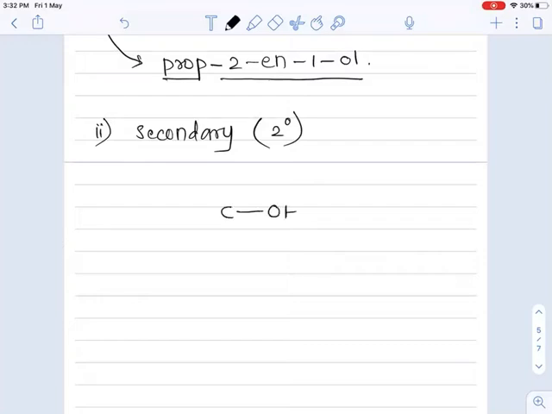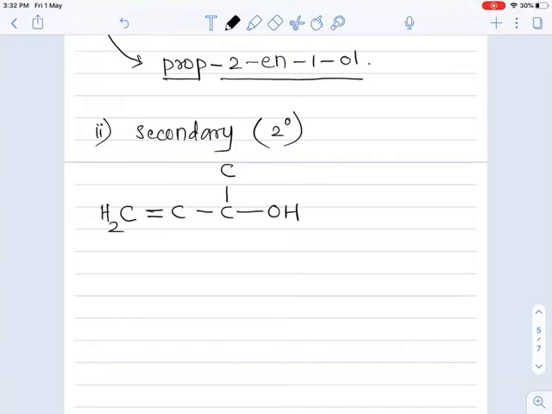Allylic alcohol means the carbon to which the OH group is attached is further attached to a carbon-carbon double bond. So this is the carbon skeleton. Now we want a secondary carbon atom to which the OH group is attached. What is meant by secondary carbon? The carbon which is attached to two other carbon atoms. Now complete the valency of this carbon by hydrogen.